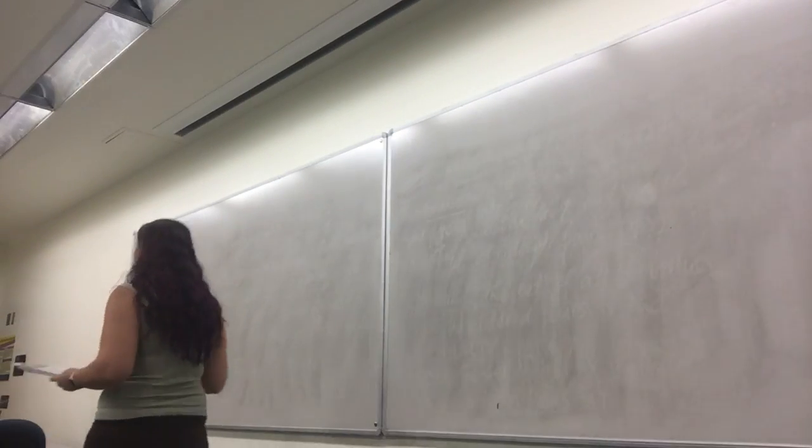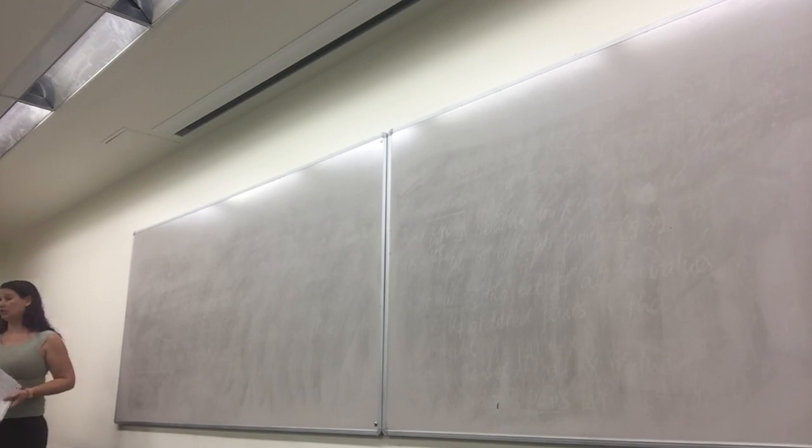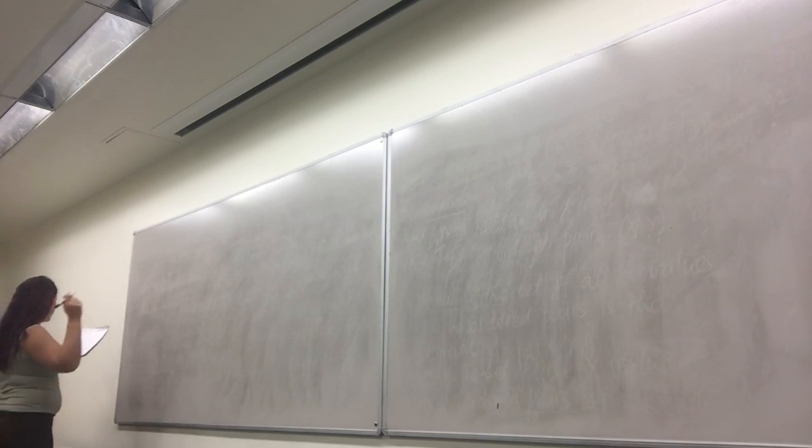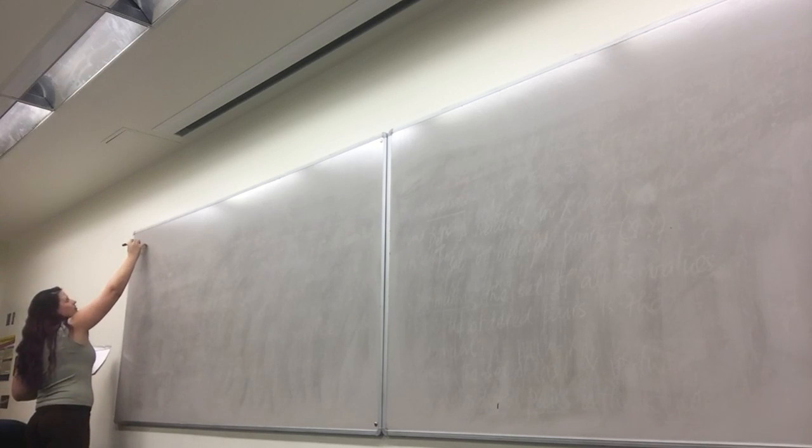Okay, so now we want to talk about, instead of looking at a graph, if we can look at just different equations and see if they're functions or not, okay? I know some of you did those last night in the lab. So just some different ones.